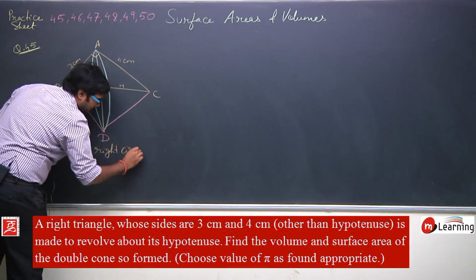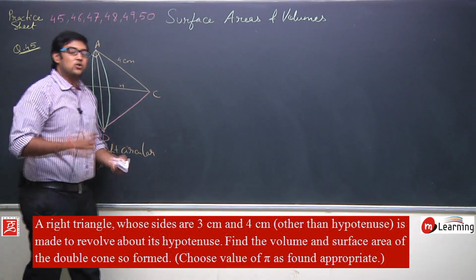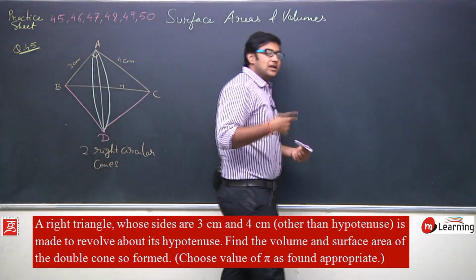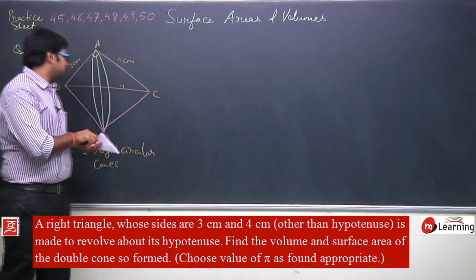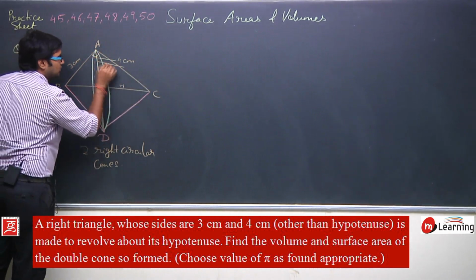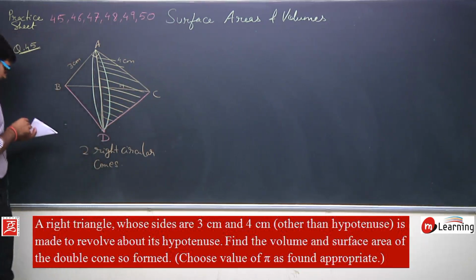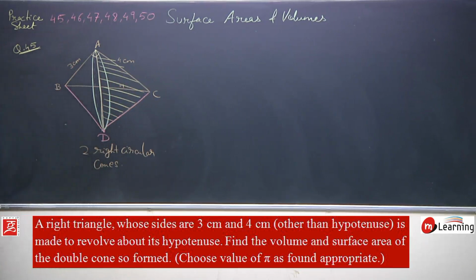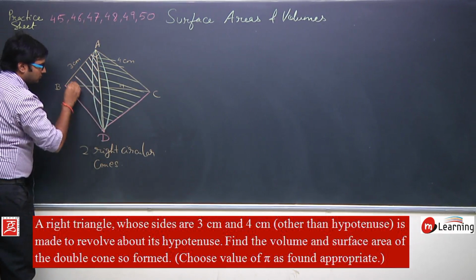We are going to get two perfectly right circular cones, and this will be the first cone, and this will be the second cone.